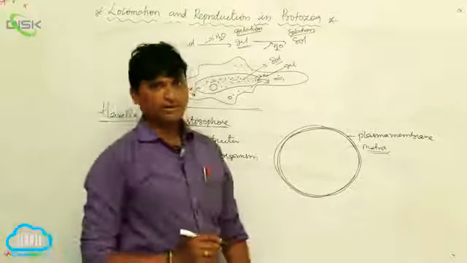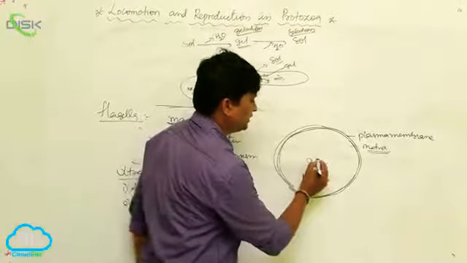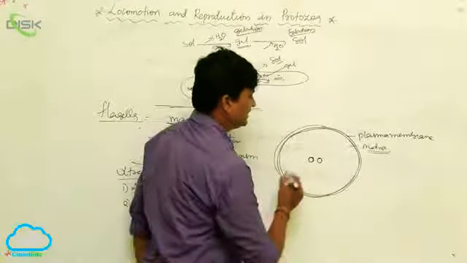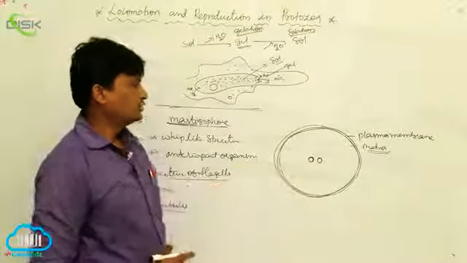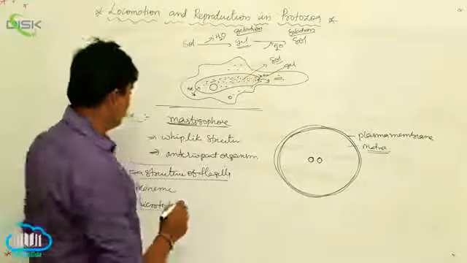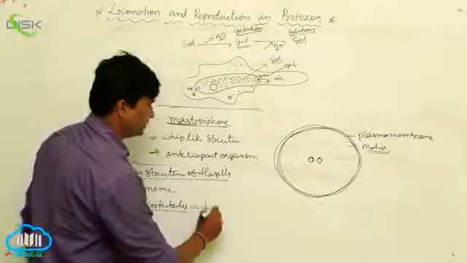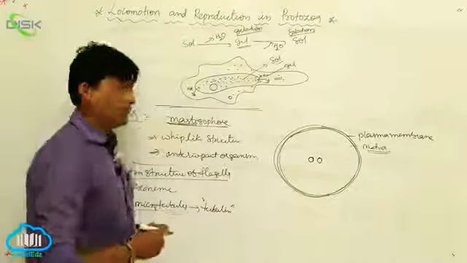There are two types of microtubules. In the center there are two microtubules, the central singlet microtubules. All the microtubules are made up of the protein tubulin.